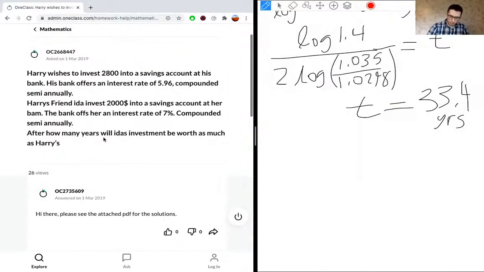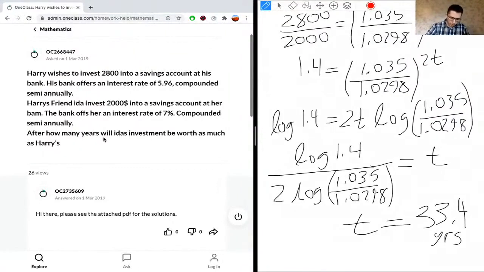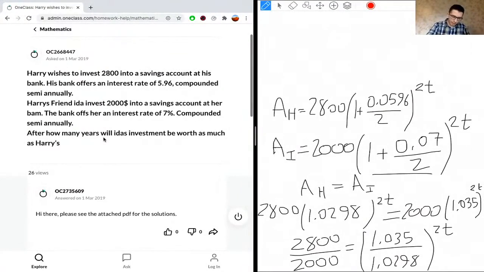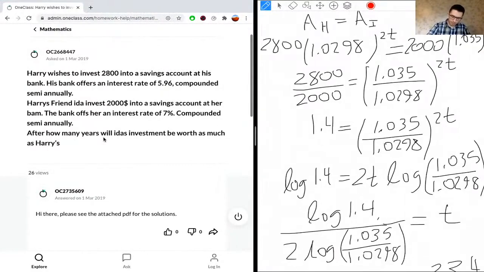So to double check this, we can go back up to our original equations. We can double check this by plugging 33.4 into this equation and this equation, and we can see what values we get for AH and AI. So I'll just calculate this down here.